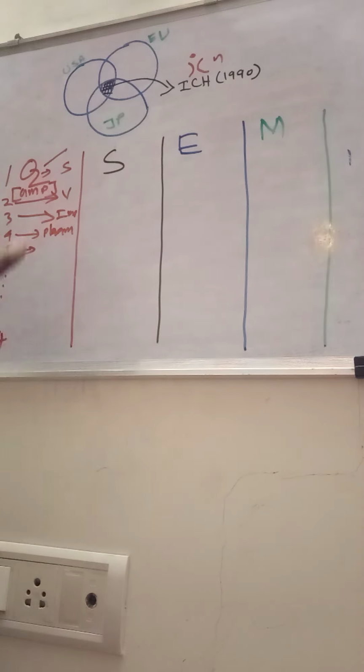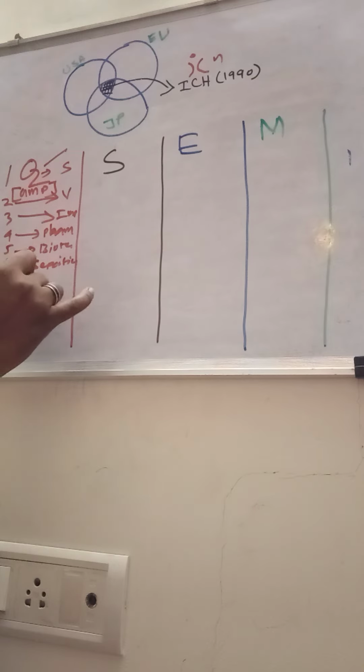And Q5 will focus on some biotechnological products, how the good manufacturing practice should be, and Q6 will talk about some of the specifications. And Q7, it's our favorite, whenever we talk, it talks about GMP.